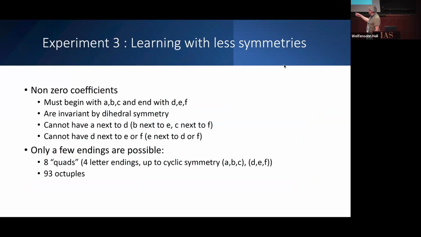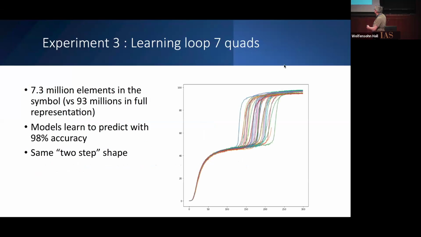You only have 8 possible endings of 4 letters, and you only have 93 endings of 8-letter octuples. So if you remove the cyclic symmetry, if you remove the dihedral symmetry and keep the quads and the octuples, you get a compact representation of the data at loop 7, loop 8, with way less information because all the obvious and easy stuff to learn has been eliminated from the data.